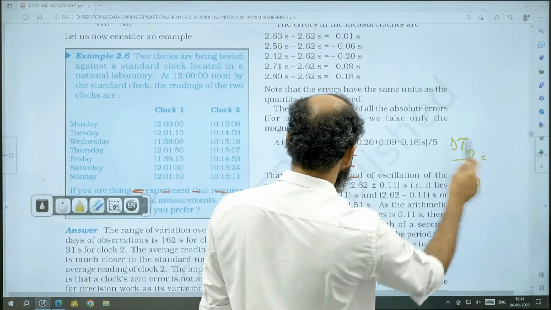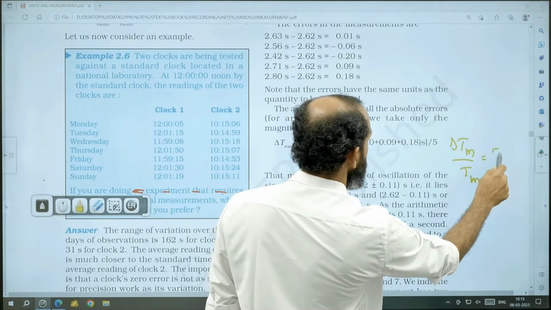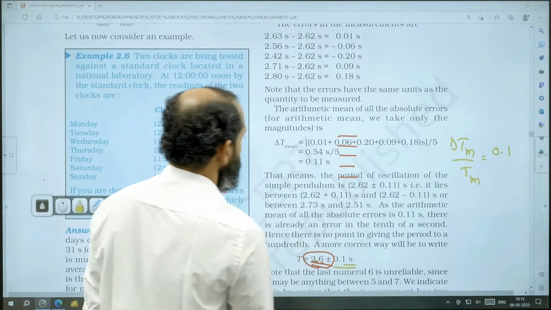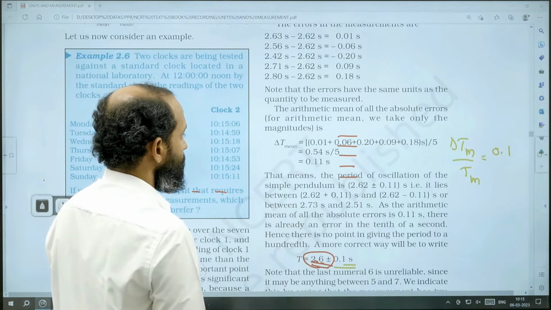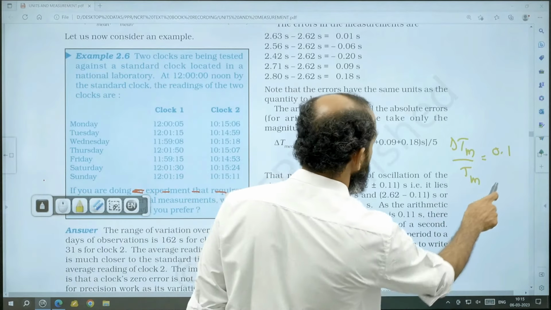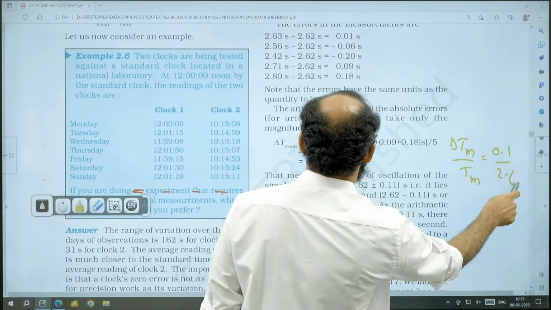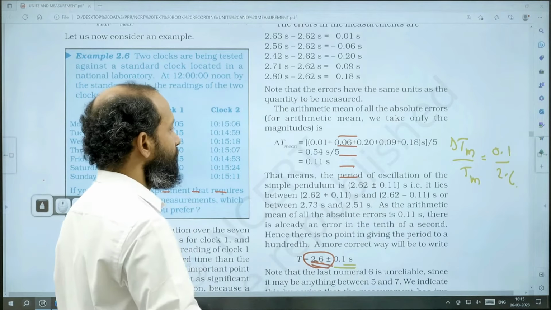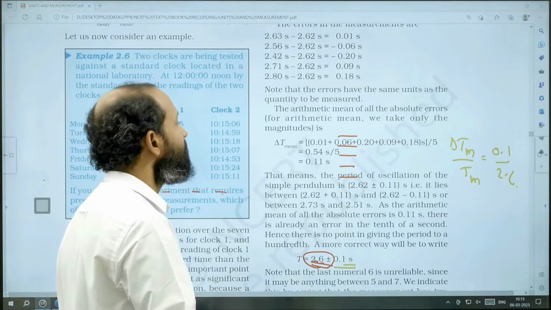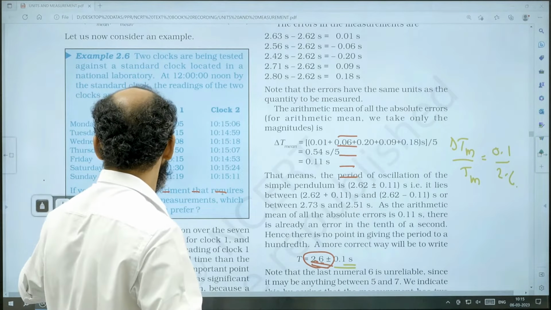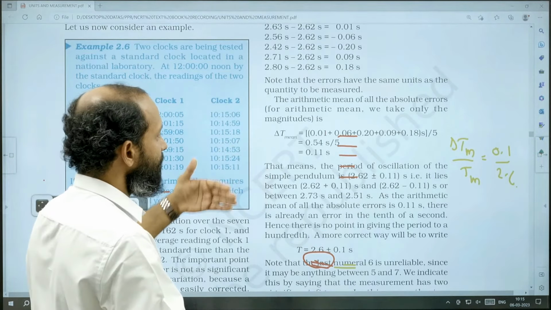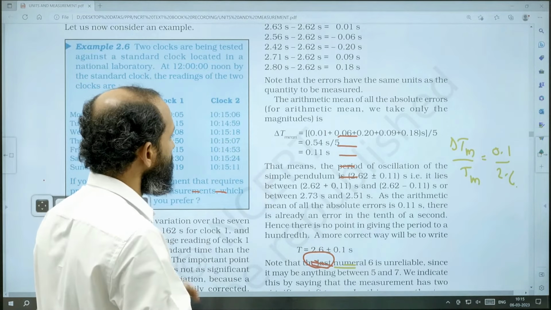Delta T mean is 0.1, divided by the time, 2.6. So 0.1 by 2.6 into 100 gives the percentage error. To convert into percentage error: mean absolute error divided by true value multiplied by 100.